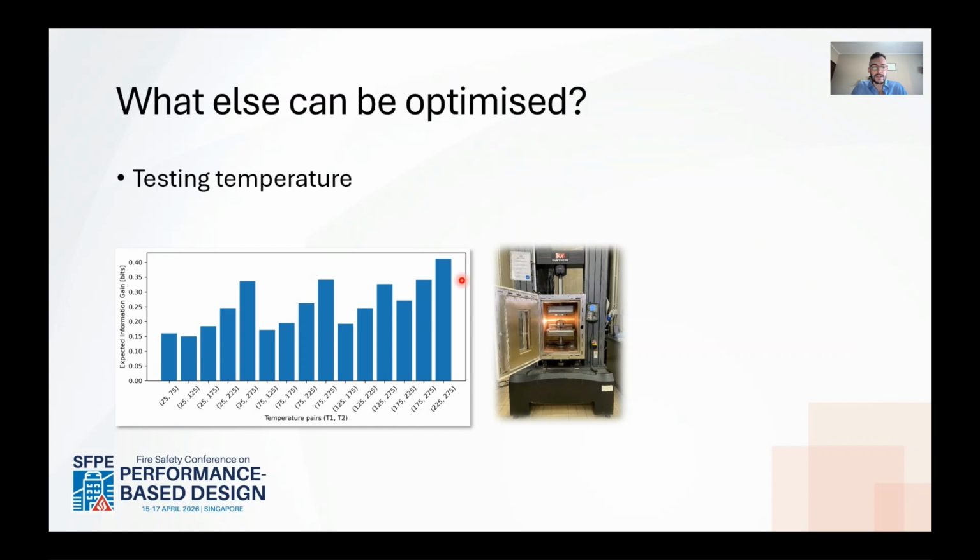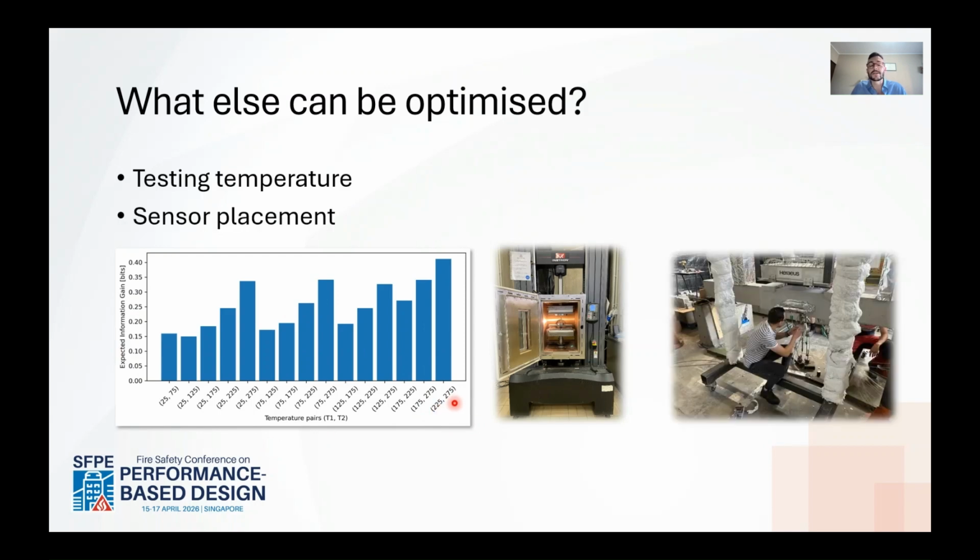And we use the methodology I've just discussed to understand at which temperatures we should perform our tests. For example, you see that the analysis shows that the expected information gain is maximum if the temperatures we choose are 225 degrees and 275 degrees.